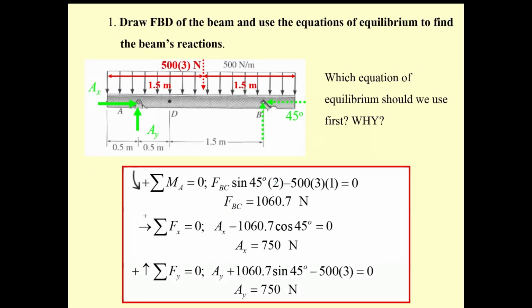I should note that after you get this one, this is 106.7 times cosine 45 degrees, and this is 106.7 times sine 45 degrees, since this is 106.7, it's going to be F sub BC in newtons.